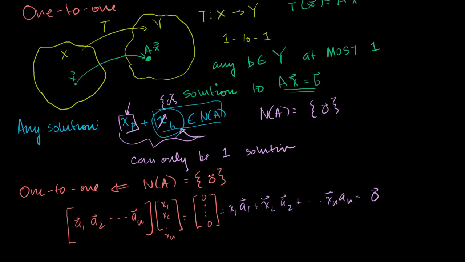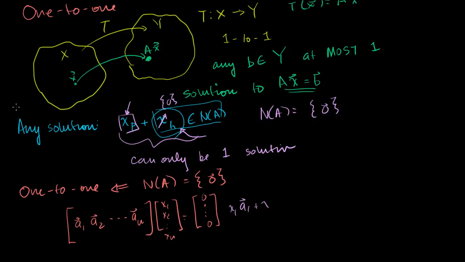Now, if you say that your null space has to be equal to 0, you're saying that the only solution to this equation, the only scalars that satisfy this equation, oh, sorry, I wrote the scalars as vectors.